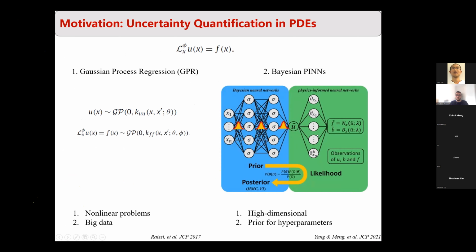With B-PINN, we can solve both linear and nonlinear PDE problems, but the prior is for the hyperparameters in the BNN. For example, in the B-PINN paper, we mainly use a neural network with 2 hidden layers and 50 neurons per layer.